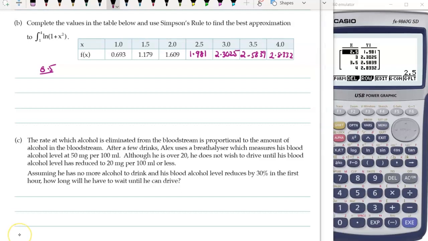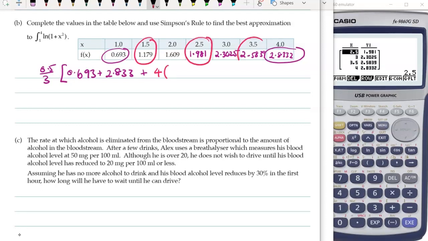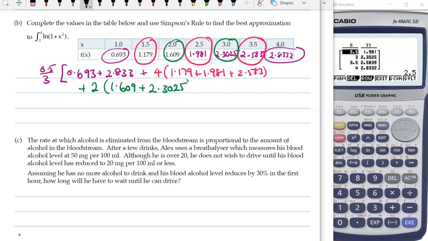The H then gets divided by 3, and then we take the first Y term and the last one, we add them together, so 0.693 plus 2.833 will do, and then we add on 4 lots of, actually let's do some colour here, colour code things, so 4 lots of these 3, so 1.179 plus 1.981 plus 2.583, and then add on 2 lots of these ones, 1.609 and 2.3025.